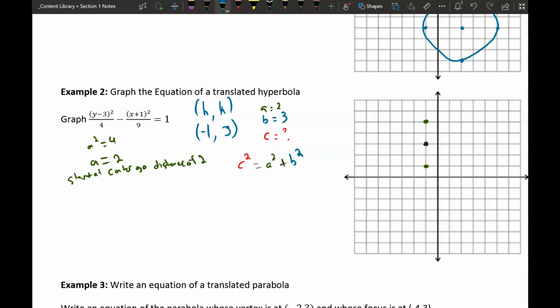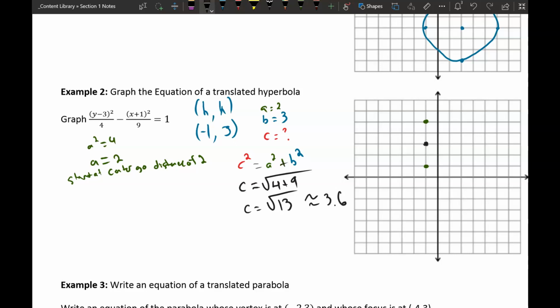So c is going to be the square root of 4 plus 9. So c is going to be the square root of 13. And we know that the square root of 13 is between the square root of 9 and the square root of 16, so it's somewhere between 3 and 4. c is going to be about 3.6.